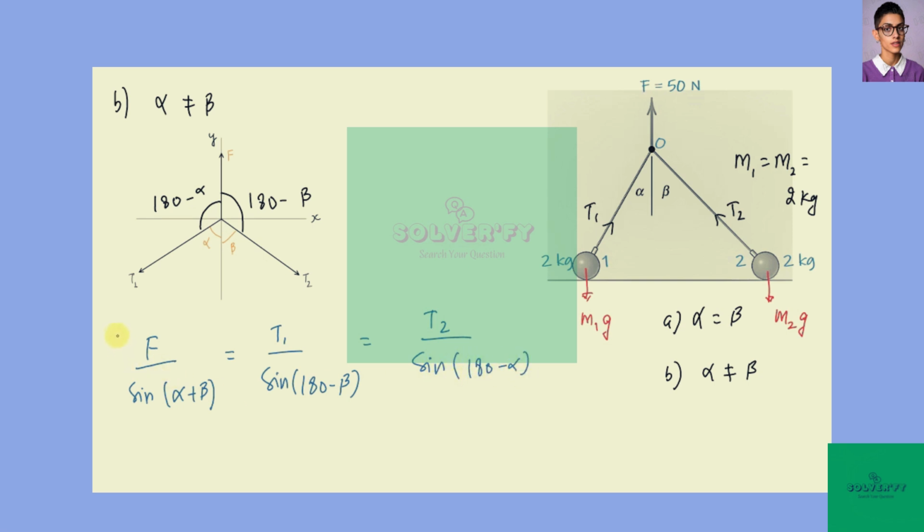Now if you see these two terms, we can calculate T1 in terms of F and alpha, beta, that is the given data. So T1 from here will be equal to F, we have 50 Newton, so 50 divided by sine of alpha plus beta, and in the numerator it would be sine of 180 minus beta.